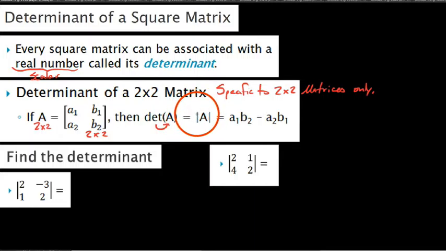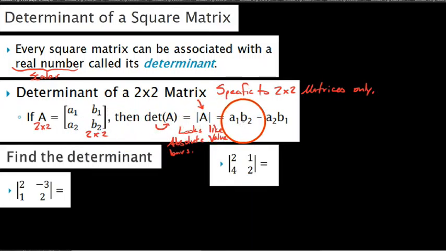We can also write this as this. Now you'll notice that this looks like absolute value bars. But it's not absolute value. What we really mean is whenever you see these straight bars here, it means the determinant of this matrix.